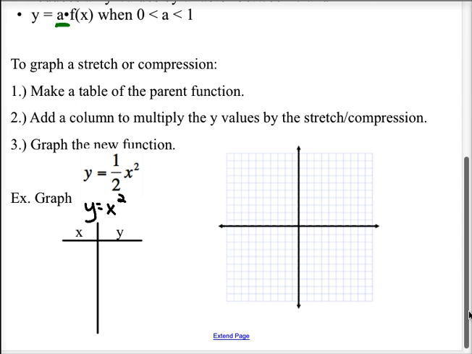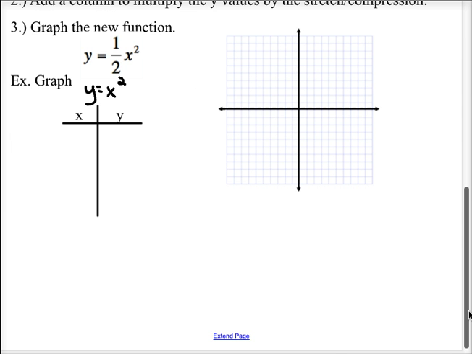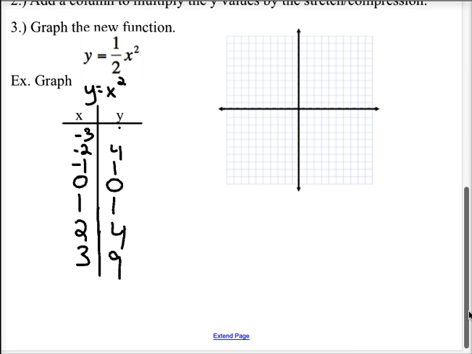So that's what I'm going to start with. 0 squared is 0. 1 squared is 1. 2 squared is 4. 3 squared is 9. Negative 1 squared is 1. Negative 2 squared is 4. Negative 3 squared is 9.